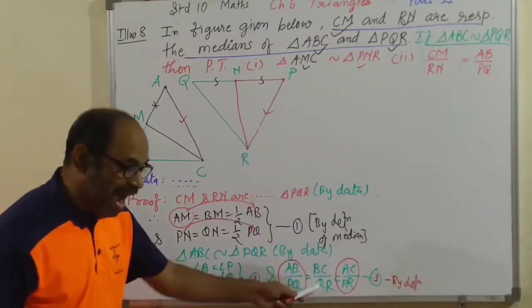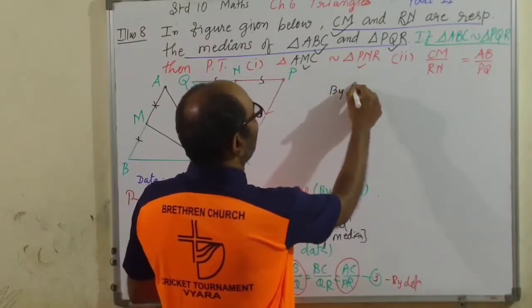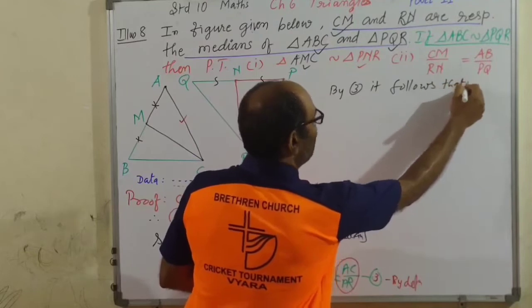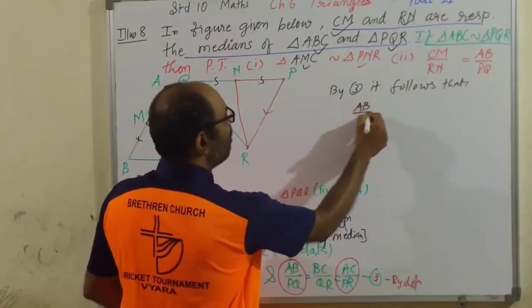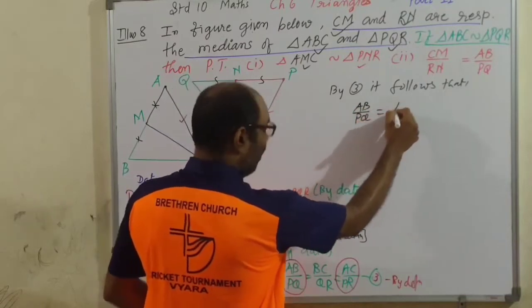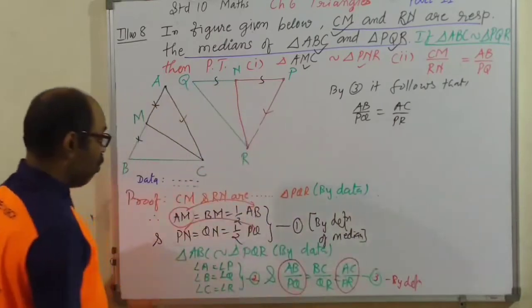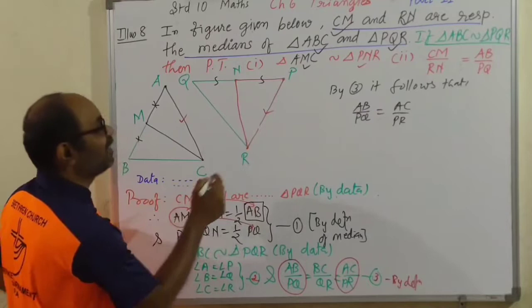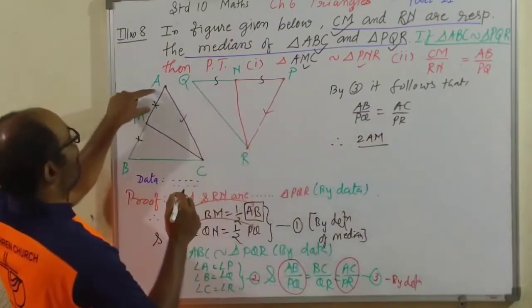By 3 it follows that, अभी हमें ये रिजल्ट में से जो जरूरत है वही लिख रहे हैं हम. AB upon PQ is equal to AC upon PR. Now what is AB? 2 times AM, because it is a black side.